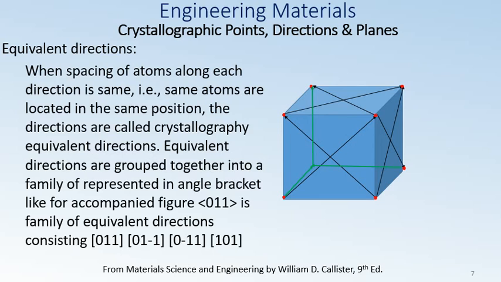These are called crystallographically equivalent directions. They are not vectorially equivalent directions. Do not confuse this with vectors or equivalent vectors. These directions are crystallographically equivalent because they point towards the same positions and involve the same atoms. Same means the same number of atoms at the same positions.